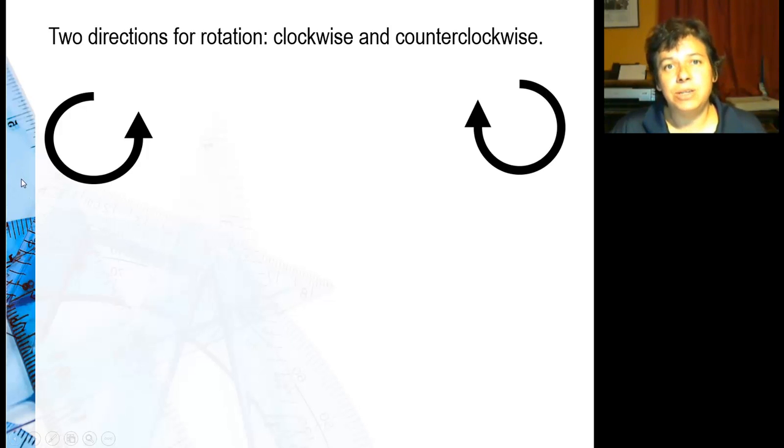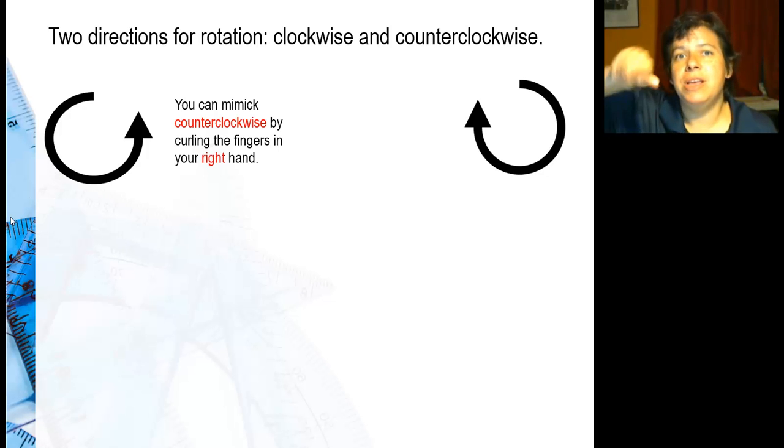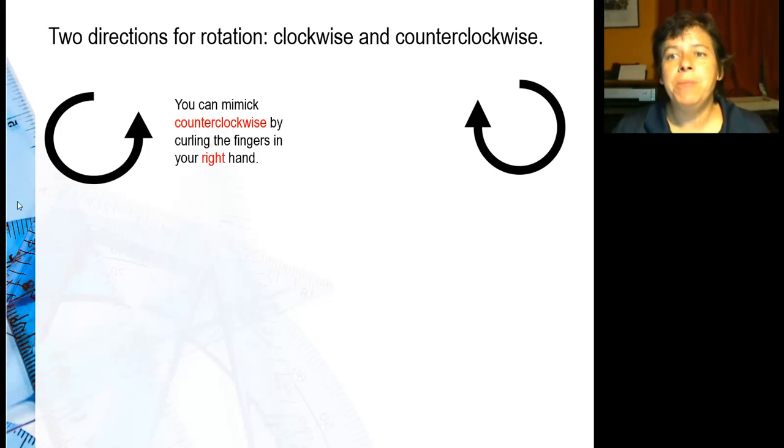There are two directions for rotation, clockwise and counterclockwise. You can mimic counterclockwise by curling the fingers in your right hand. Some of you may have a set of notes where I actually have this switched, to make sure that the counterclockwise direction is the right hand, okay?